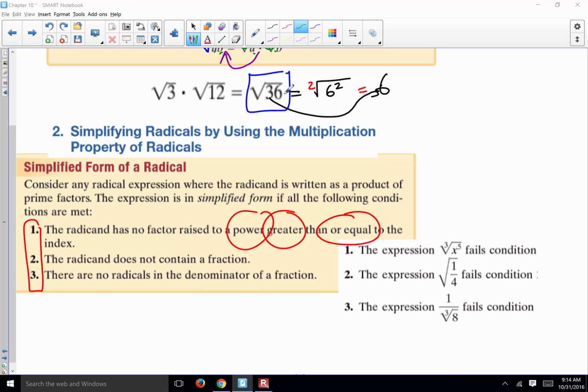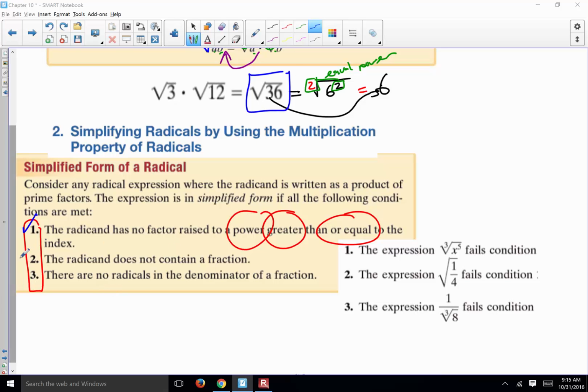When I turn 36 into 6 squared, you see the powers are equal. So I need to simplify this. I see the base 6, the prisoner 6, has a power equal to the guard's, the same power. We need to simplify it. Okay?